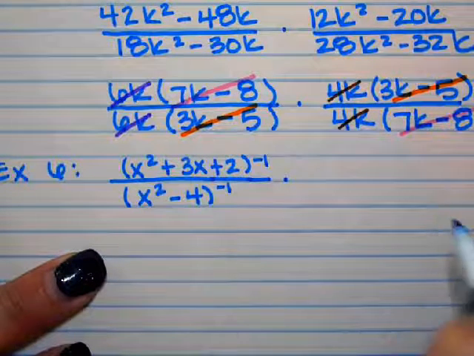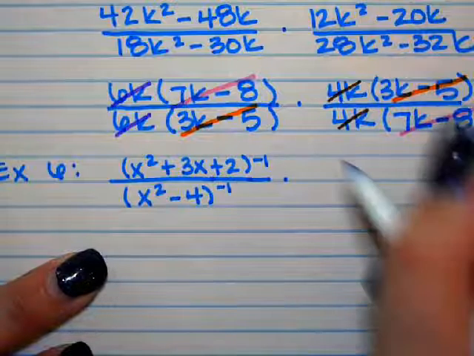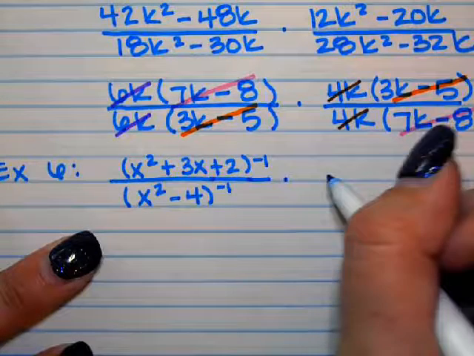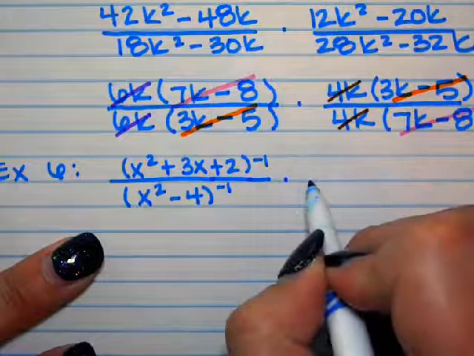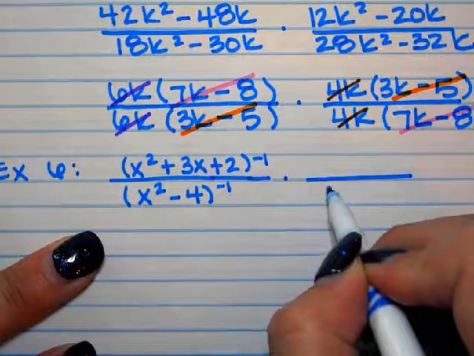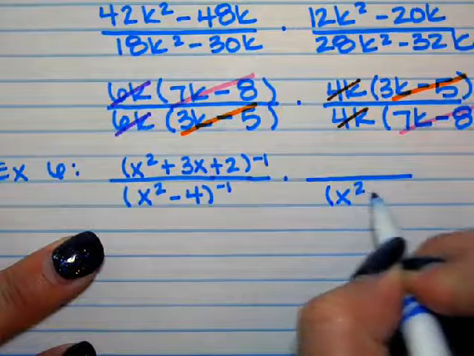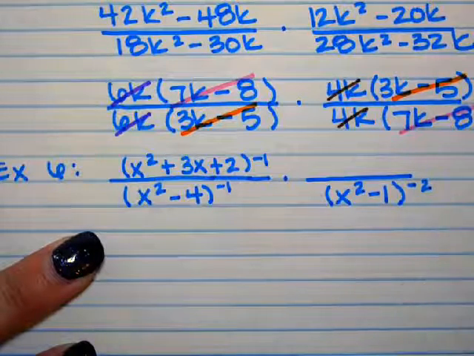This is really hurting my brain to do this right now. And then we're going to have another fraction over here. This one is going to have x squared minus 1 to the negative 2.